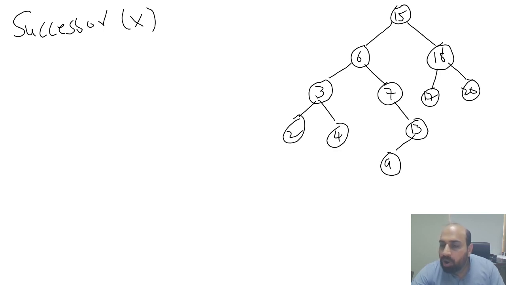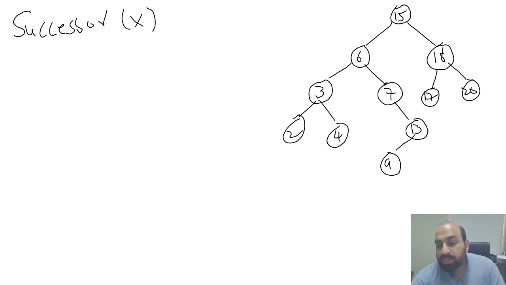Then you have to find the ancestors of 13. So what are the ancestors of 13? 7, 6, 15. All are the ancestors. So the rule is, if X does not have the right subtree and X is the right child of its parent, then the lowest ancestor's parent is its successor.